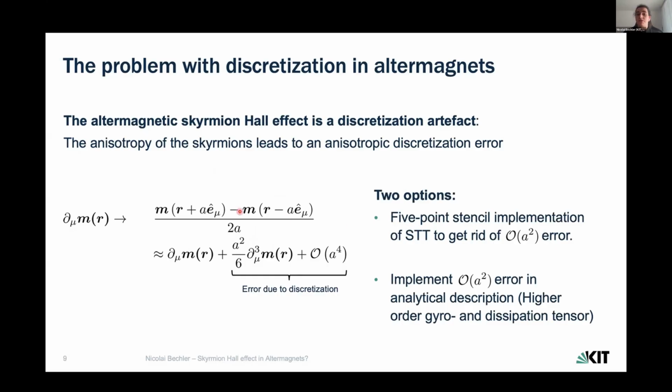We can implement the discretization not in a 3-point stencil, but in a 5-point stencil, and this means we get rid of this order 2 error here. Or we could include this order 2 error in our analytical description, which in the Thiele equation would refer to a higher-order gyrotropic tensor or dissipation tensor, so our error would be physical, and see if we now match what our simulations give us.